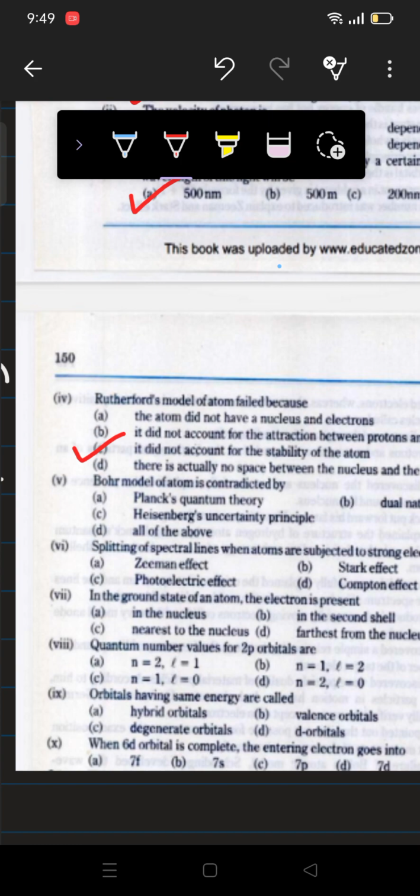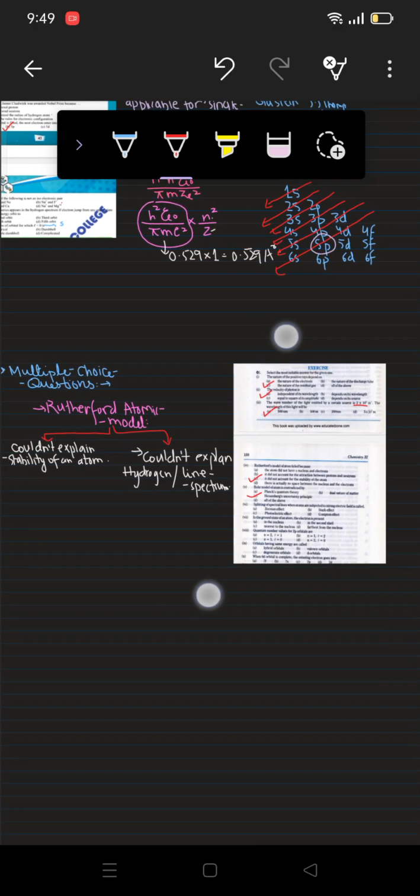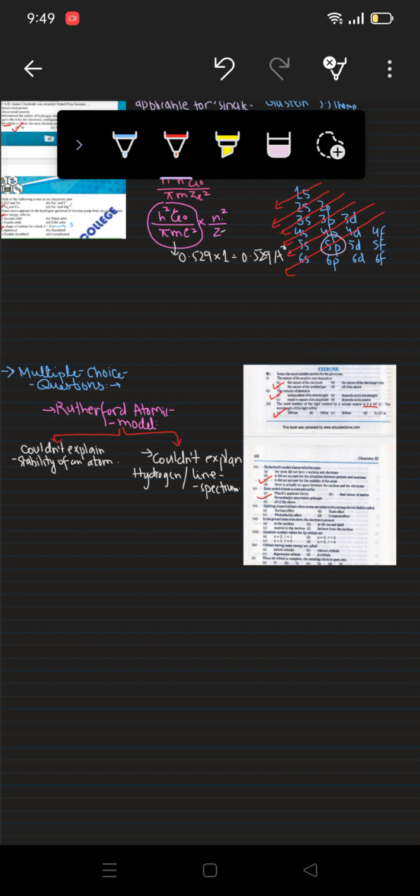So Bohr model of an atom is contradicted by, of course, Heisenberg uncertainty principle, in which Heisenberg basically said that for any moving body, you cannot find the position and the speed of that body at a time.